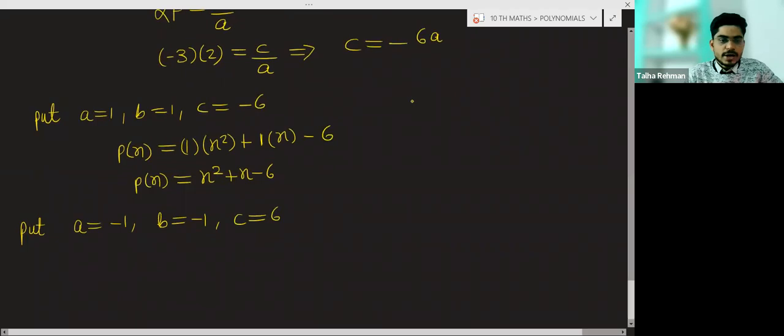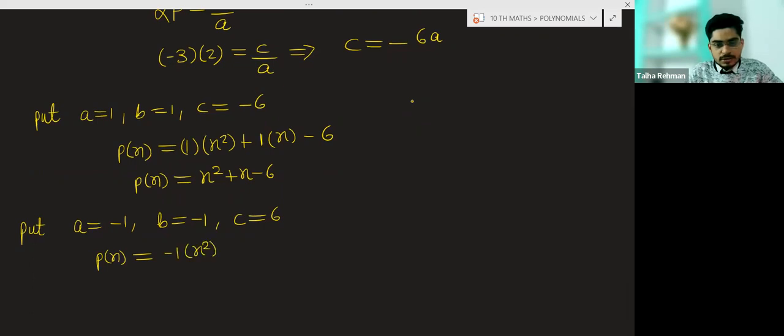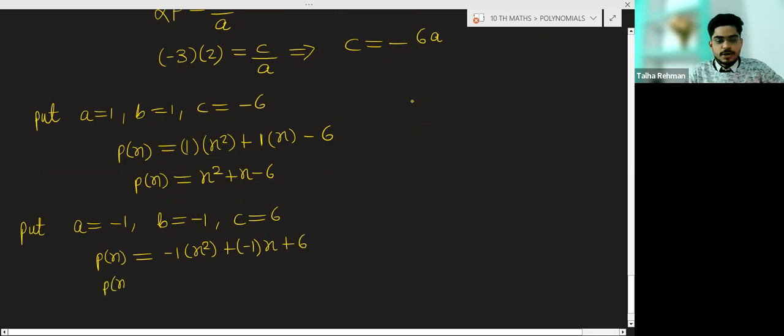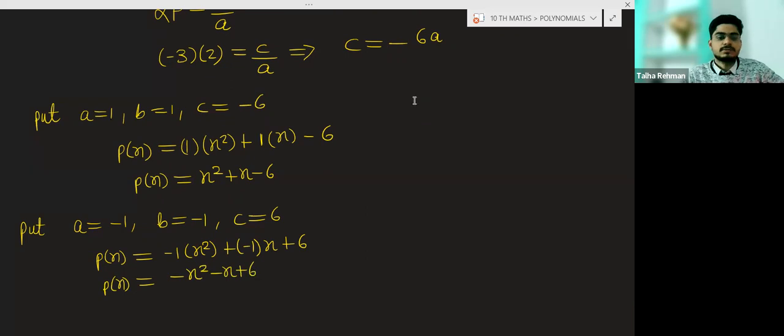So the required polynomial will be ax square, means -1 into x square, plus bx, so b is -1 into x, plus 6. So the polynomial will become minus x square minus x plus 6.